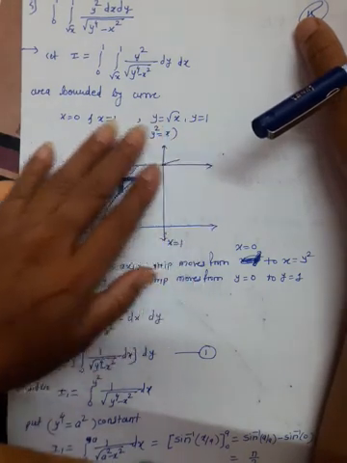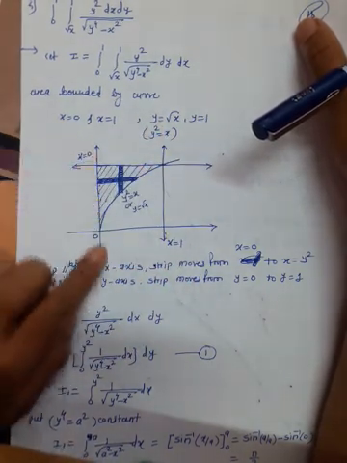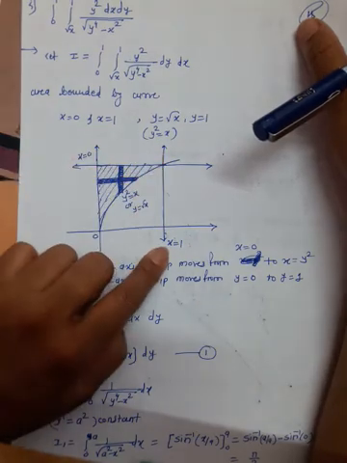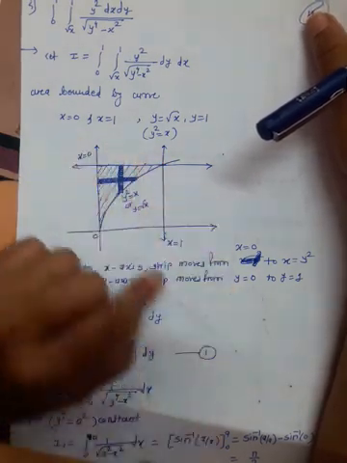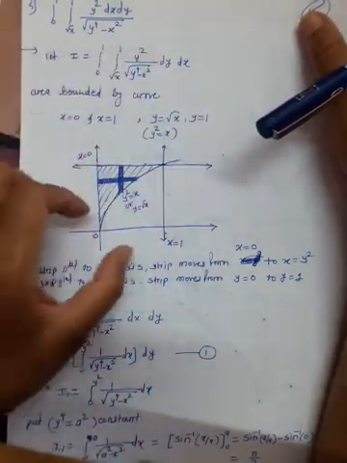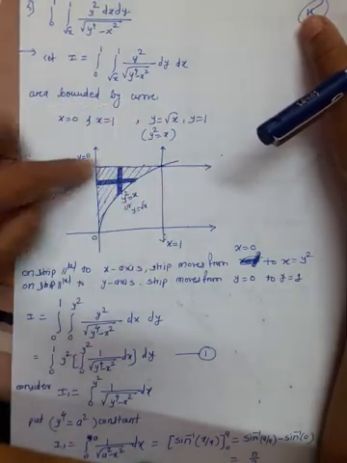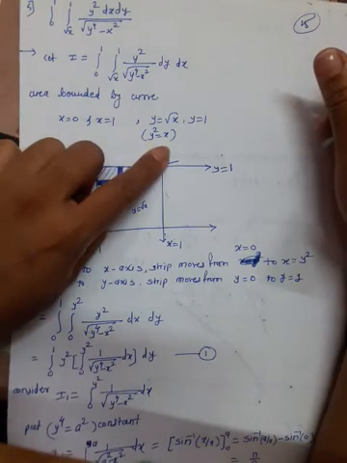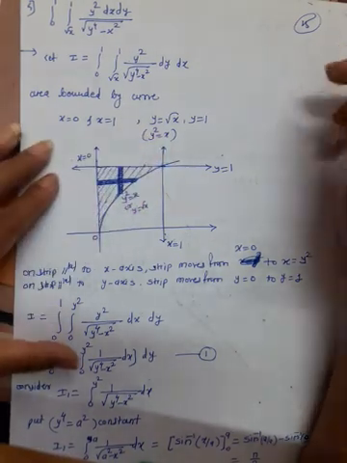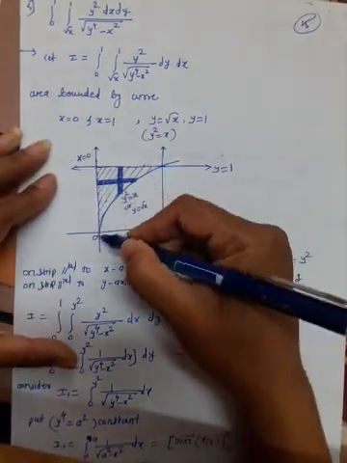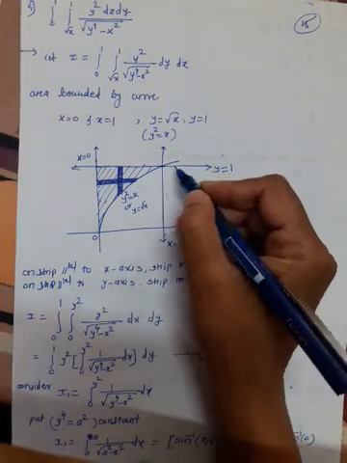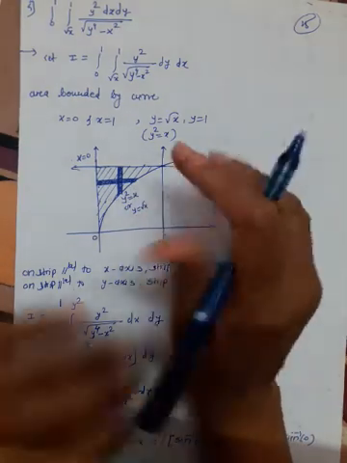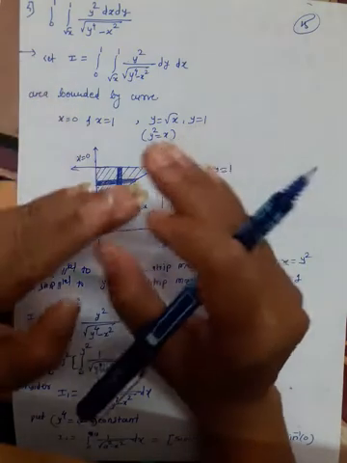Okay, draw these curves. x is equal to 0 is this line, x is equal to 1 is this line, suppose. Drawing accordingly. Now y is equal to 1, the same distance you have to take. y is equal to 1 is this line. And y square is equal to x, or x is equal to y square, is this curve. How to draw this curve? By using the curve tracing method.